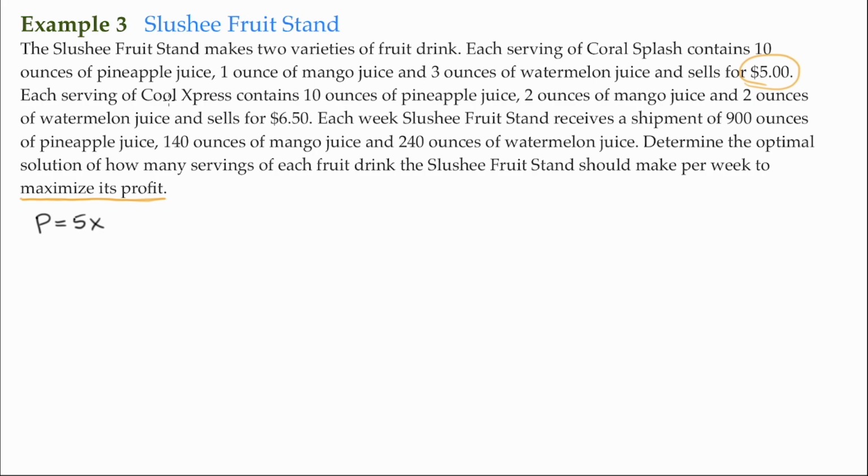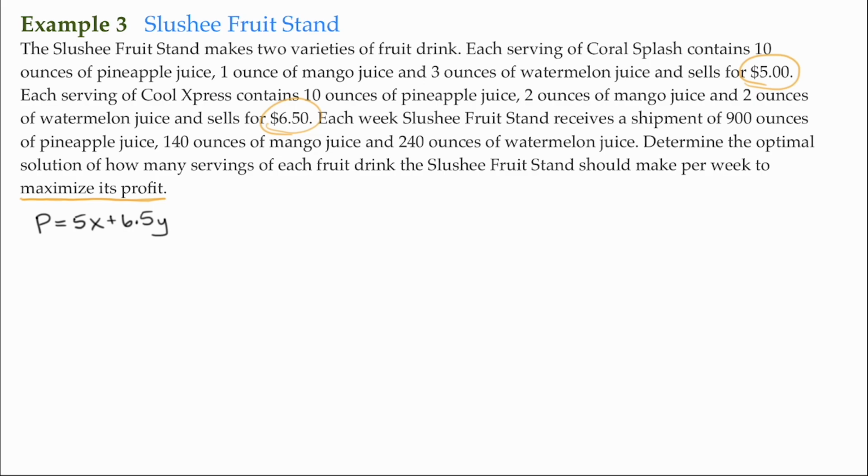And for the Cool Express, they sell for $6.50. So if we let Cool Express be Y, then we can say plus 6.5Y. So this is our objective function. This is what we're trying to establish. What is the profit related to this problem?